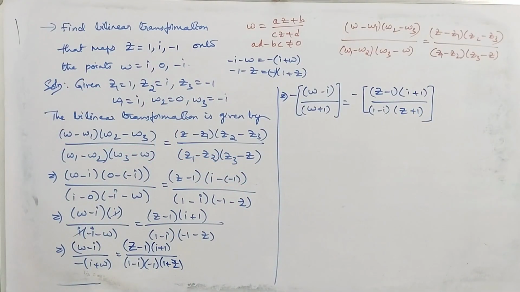Now you can cancel out minus 1 or multiply both sides of the expression with minus.